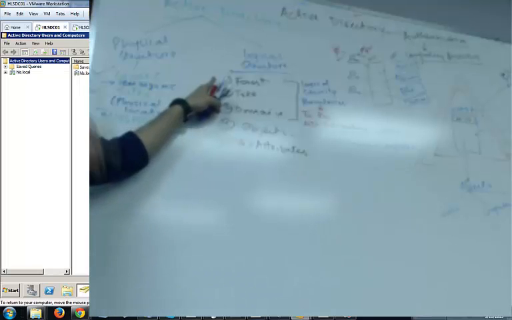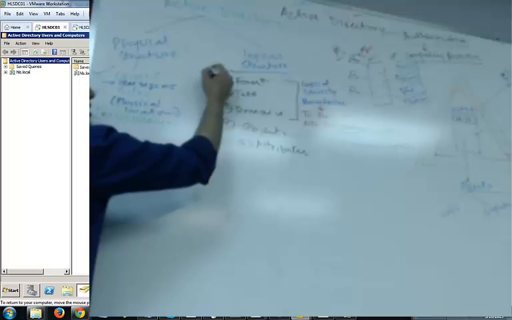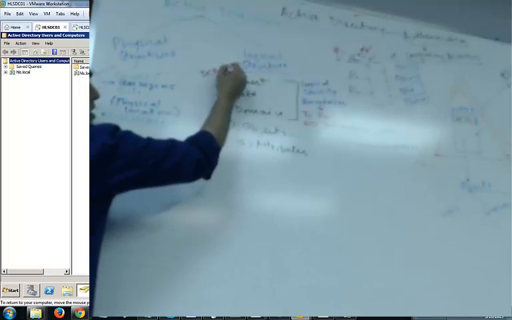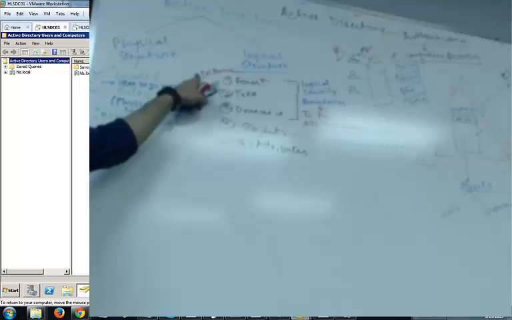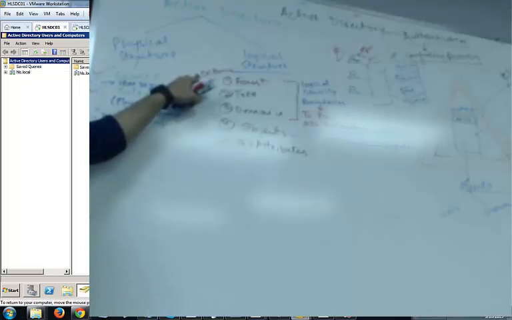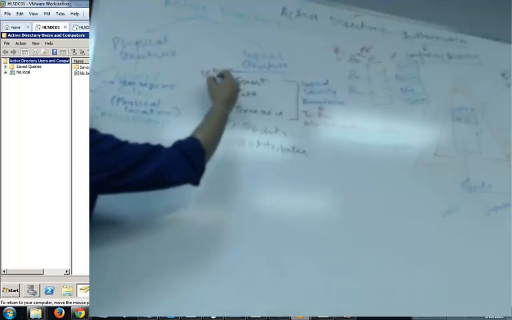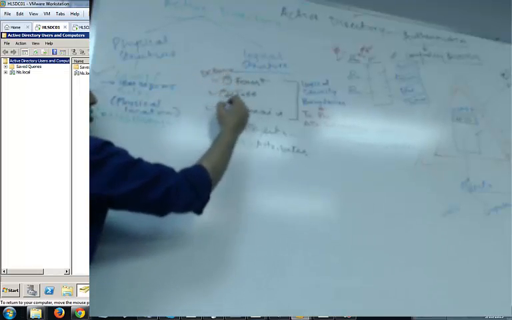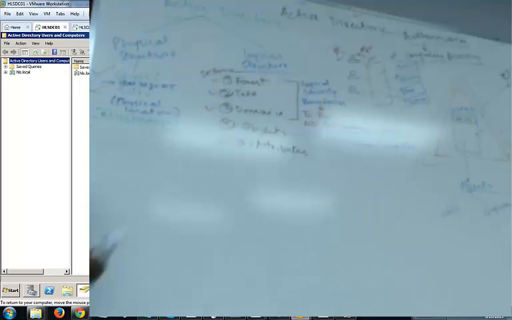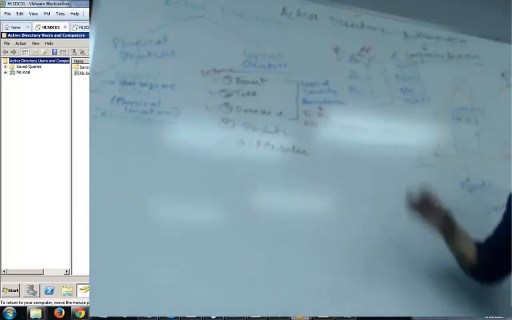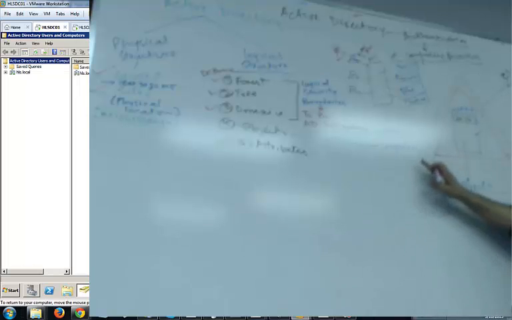When you run DC promo, guys, remember when we stopped and we said that in DC promo it would ask you a question: new forest or an existing forest? This is where it starts building forest and trees and domains. So visually, it builds the outer triangle, and then it builds the inner triangle, then one more triangle, and it builds all this. And once Active Directory is completely installed, it stops here.